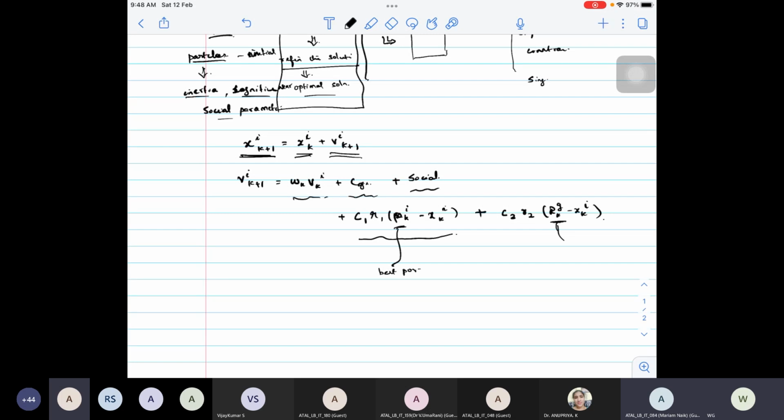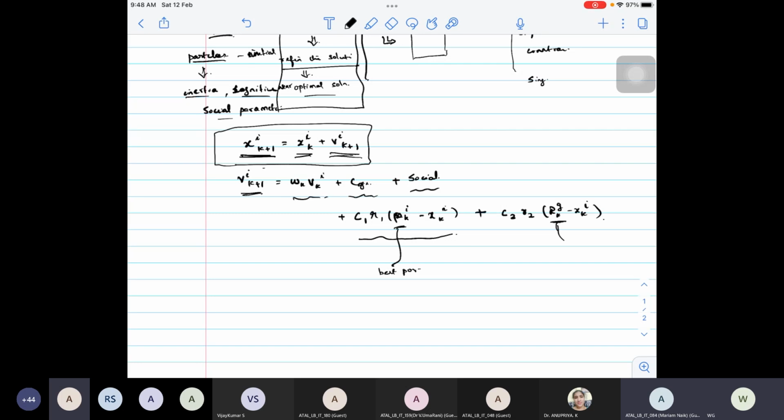So you have a global best and this particle's best position. So that determines what the velocity of this particle should be, and based upon this velocity you refine the position of this particular particle.